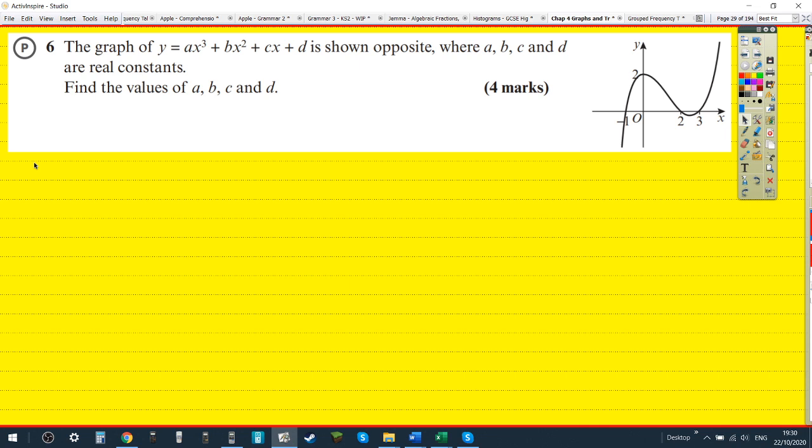So it'll be written out as x equals minus 1, x equals 2, and x equals 3. And then it'll be written out as brackets x plus 1, brackets x minus 2, brackets x minus 3.